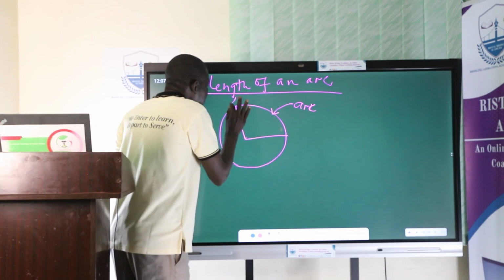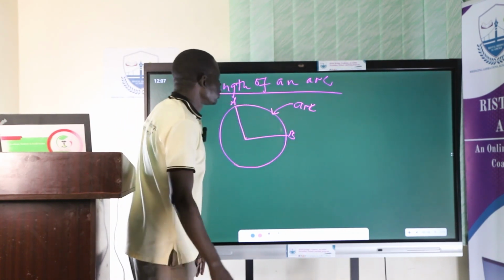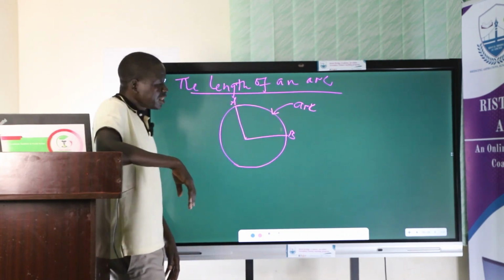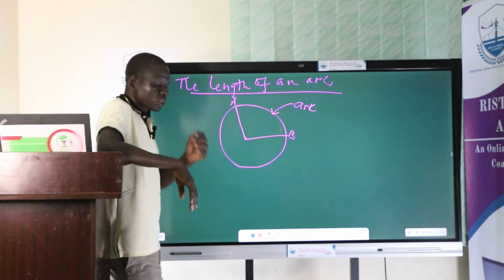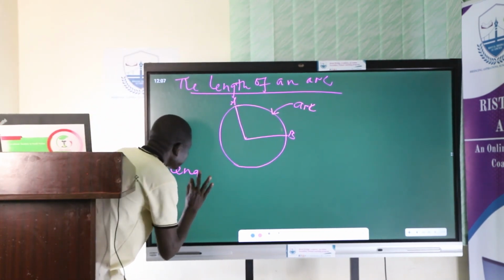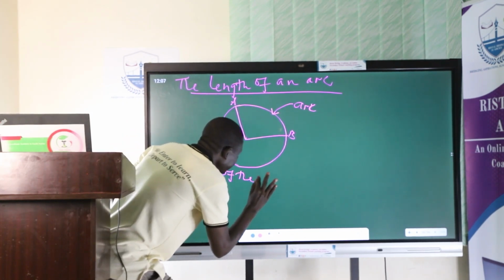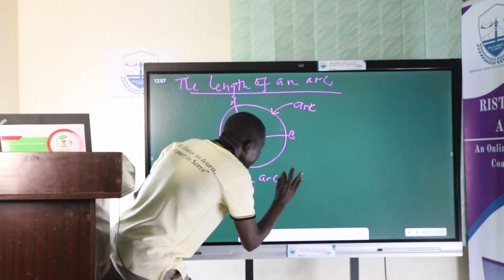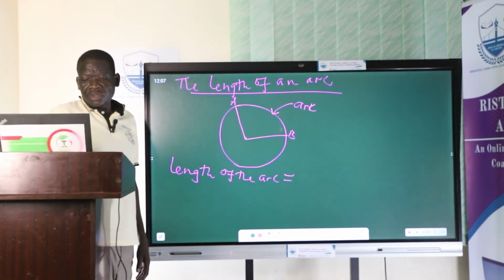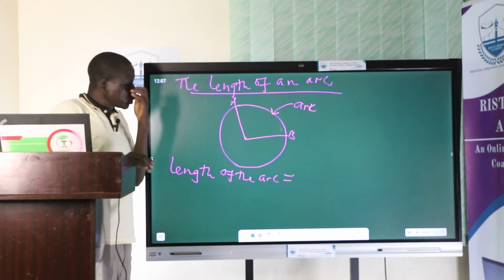To find the length of that arc, the formula is: length of the arc is given by the angle out of 360 times 2 pi r, whereby that angle we can represent by letter theta.